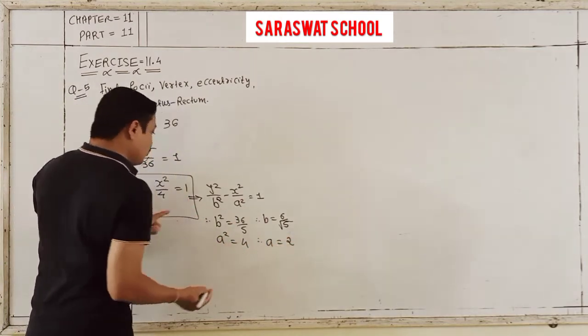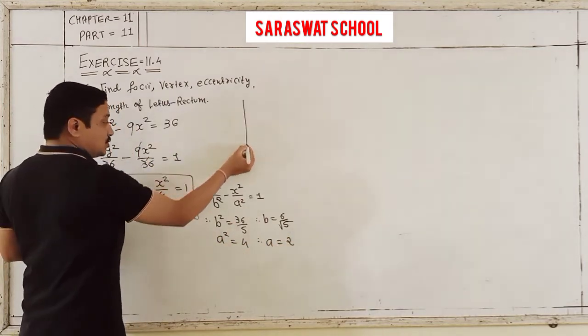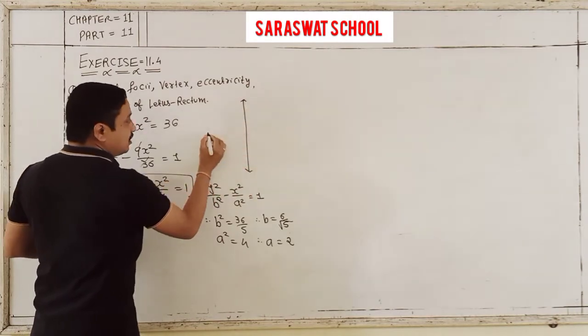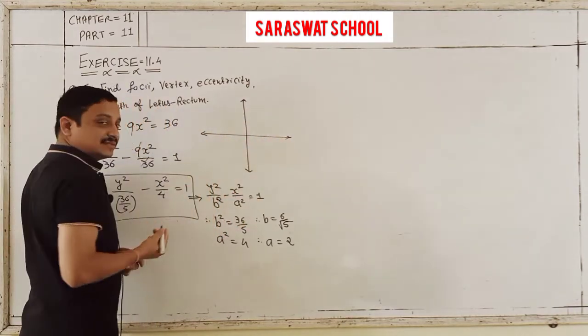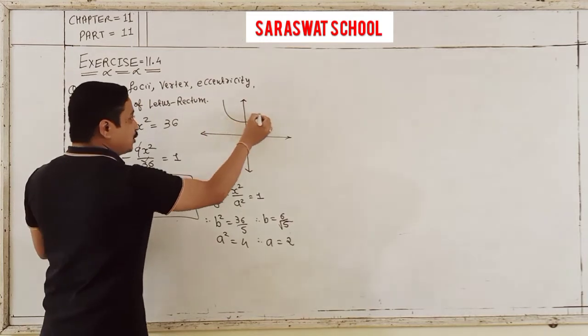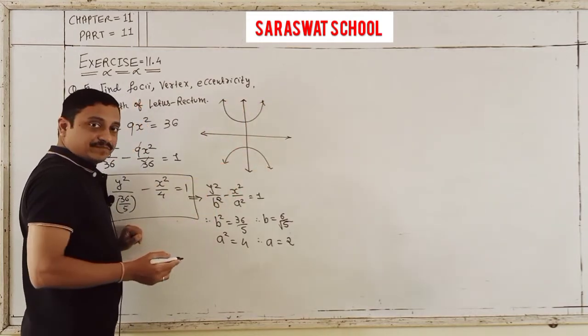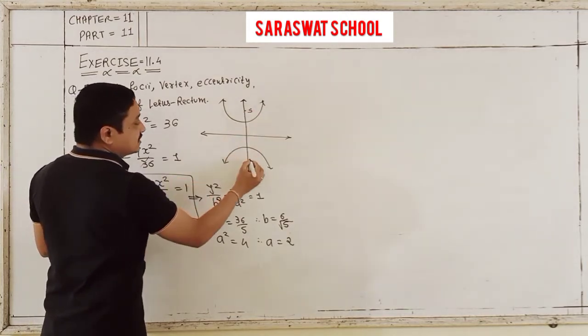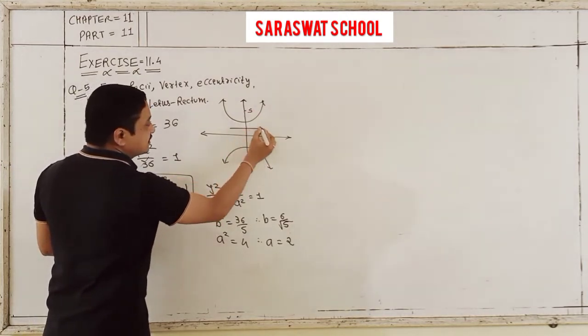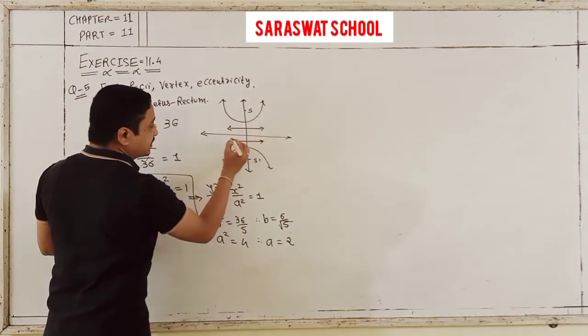Now students, here your y term is positive, so your transverse axis is on the y axis, and you draw the figure this way, with the foci S and S dash, and the directrix.